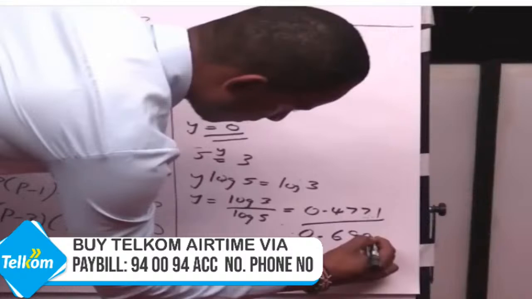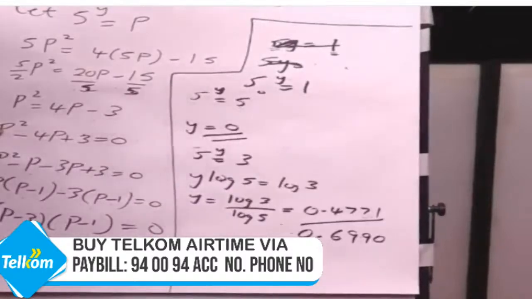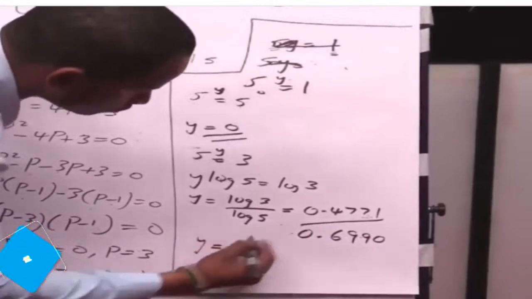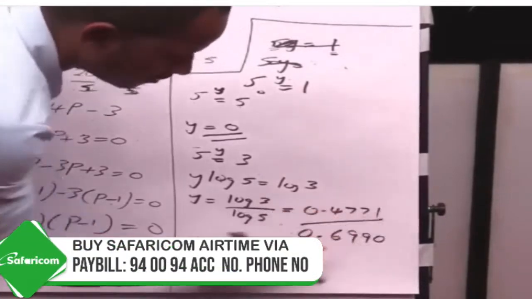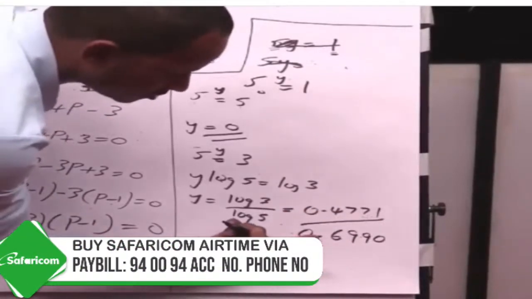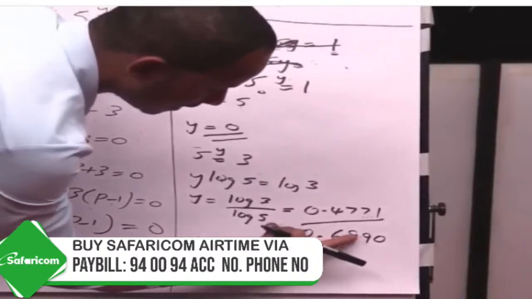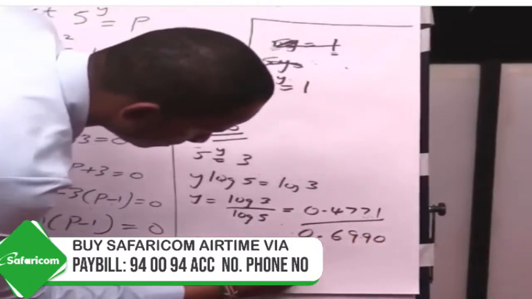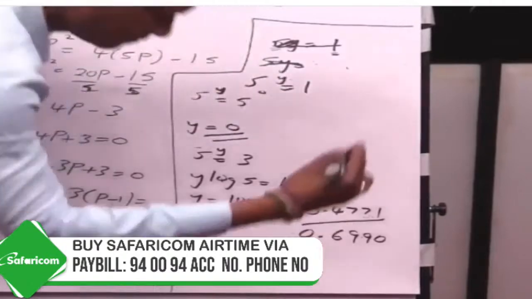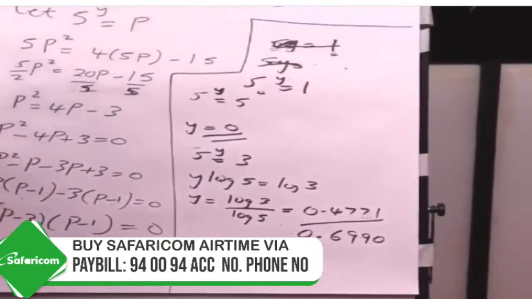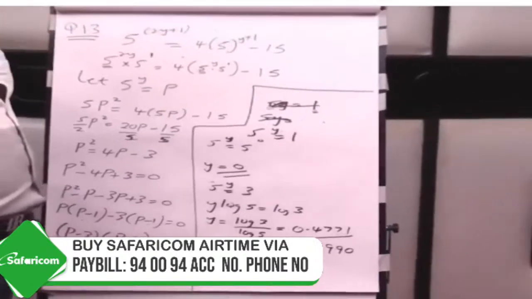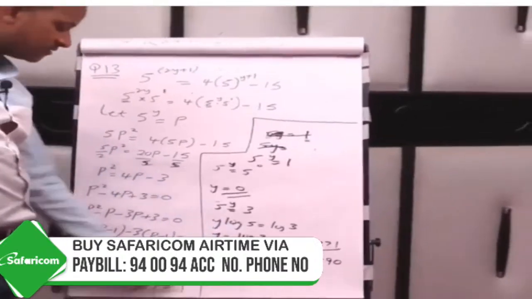I have a working calculator here in the mind. So y equals, when you divide 0.4771 by 0.6990 using a calculator, you get 0.68 something. So divide this, you get your answer as the value of y.